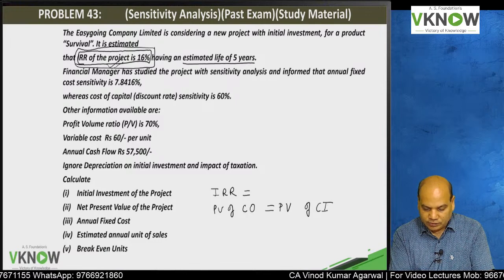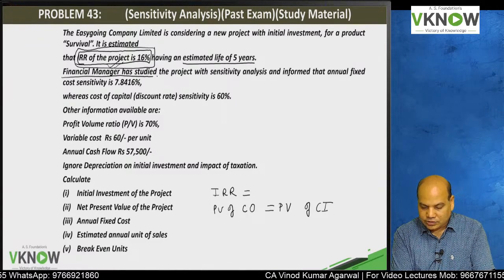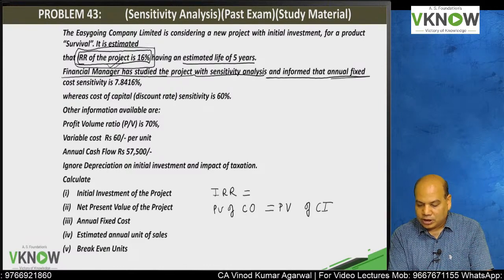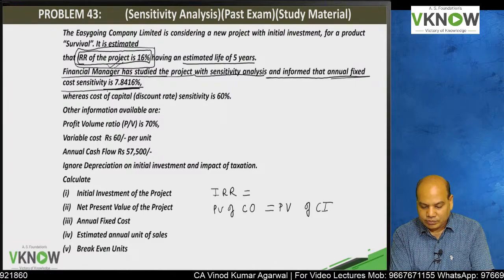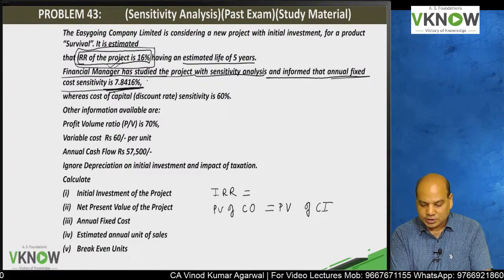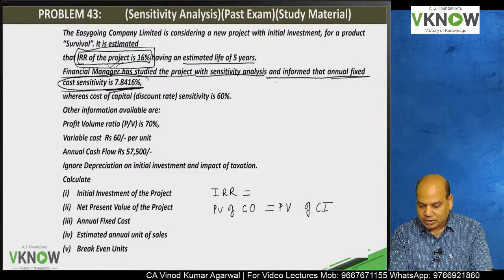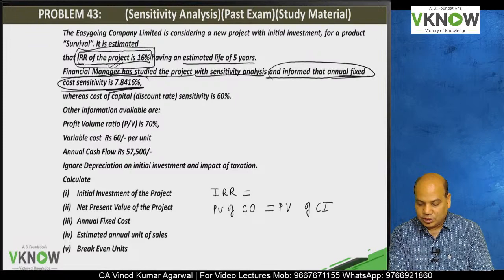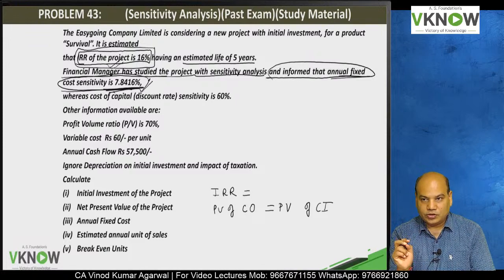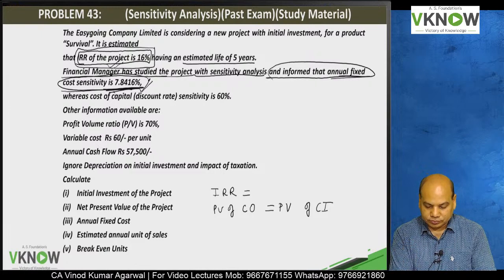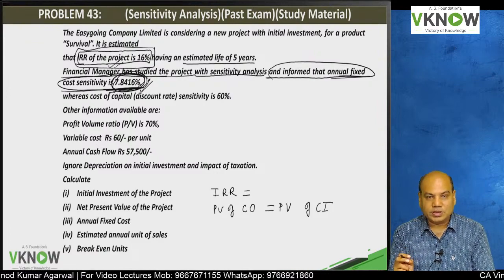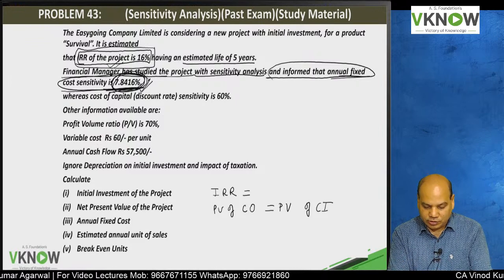Life of the project is 5 years. The financial manager has studied the project with sensitivity analysis and informed that annual fixed cost sensitivity is 7.8416%. What do you mean by this? It means that if fixed cost increases by 7.8416%, NPV will be 0.